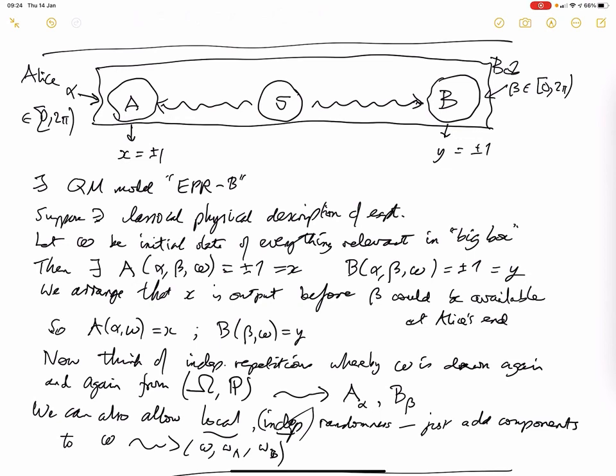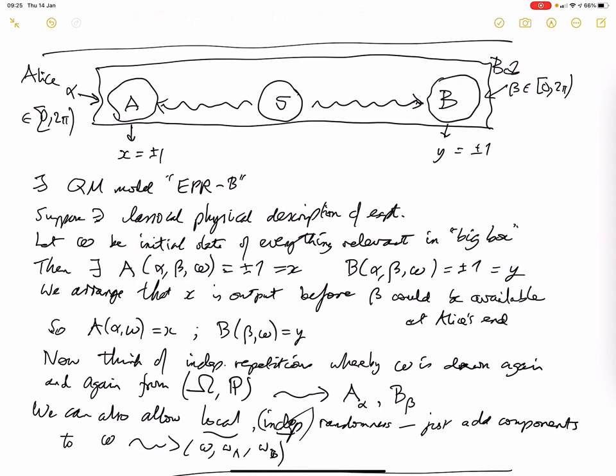A probability distribution P on some probability space omega. So we get random variables, A alpha and B beta, or A theta and B phi, and that's the reason for Bell's assumption, which we showed does not allow this experiment to create the singlet correlations.